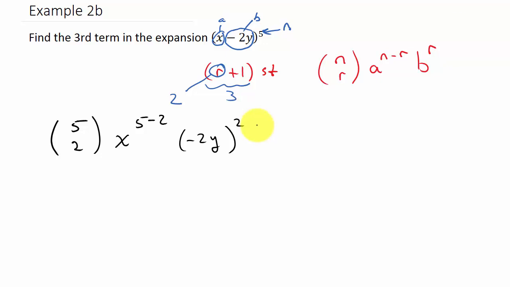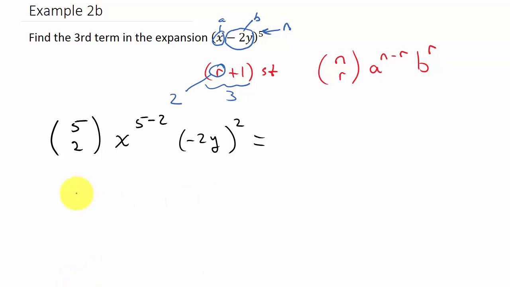So this is going to equal, well, I've got to figure out combination 5 choose 2. So let's come down here and do that.